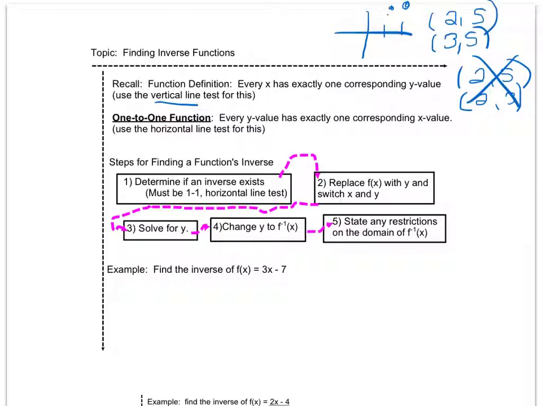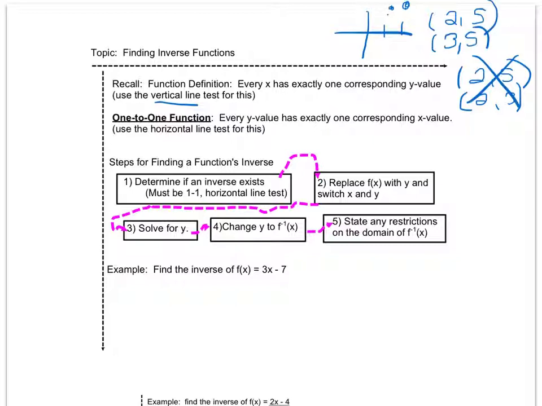So our first step in finding an inverse is always going to be to determine if it can even exist. We have to make sure that we have a one-to-one function that would pass a horizontal line test. Often, to create a one-to-one function, domains are restricted, and you'll see some of that, if not in the upcoming examples, then in some examples that we look at in class.